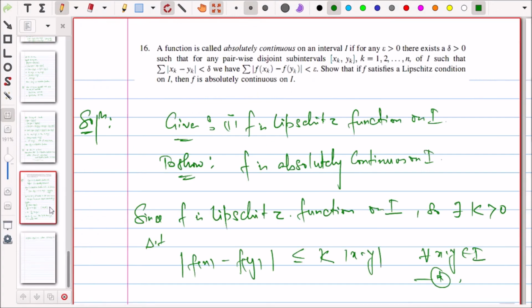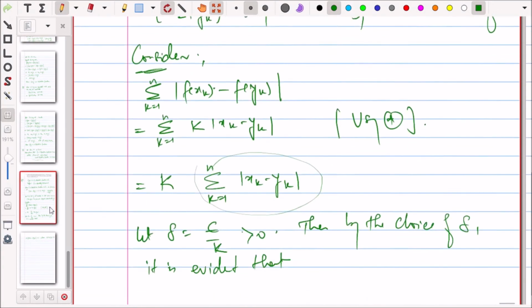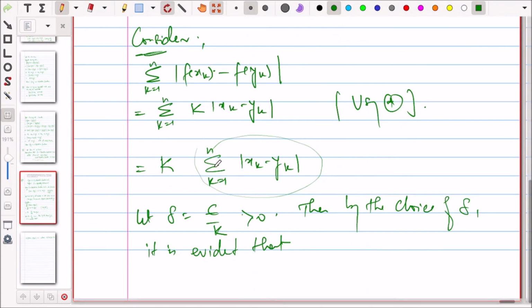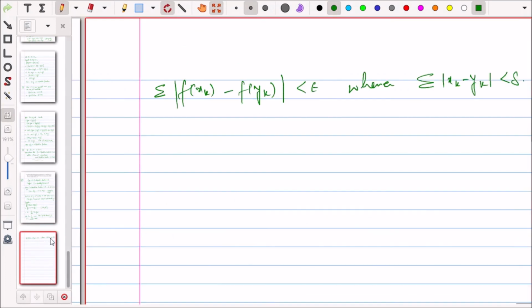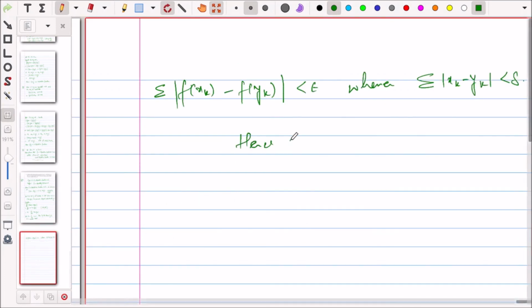So delta equal to epsilon by k, because we wanted a condition on delta, so that this all becomes less than epsilon. So hence proved.